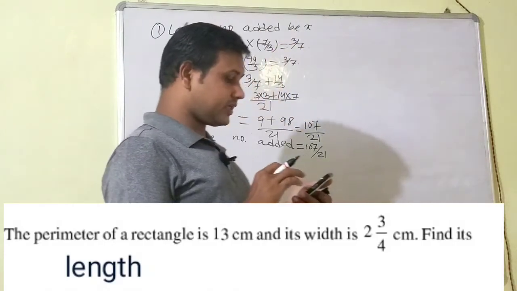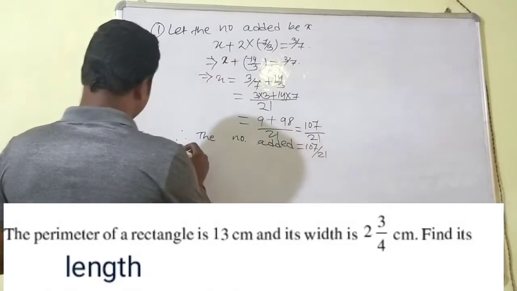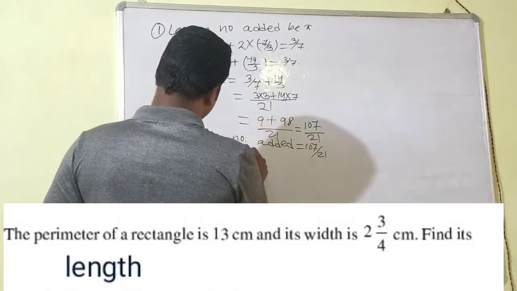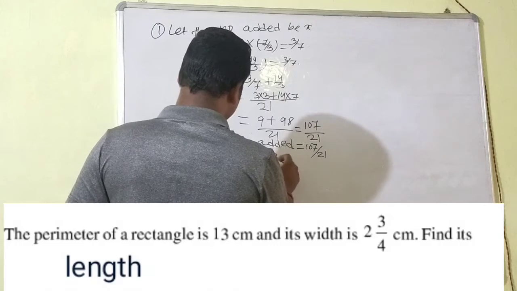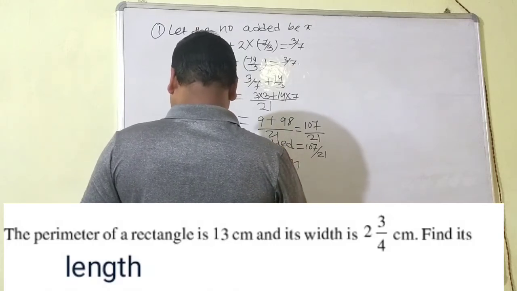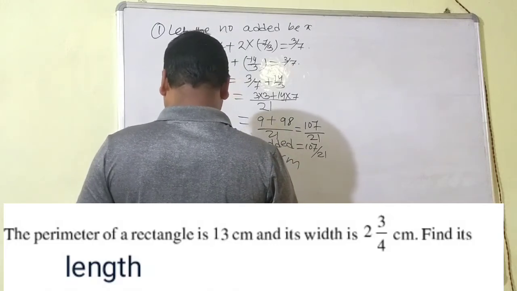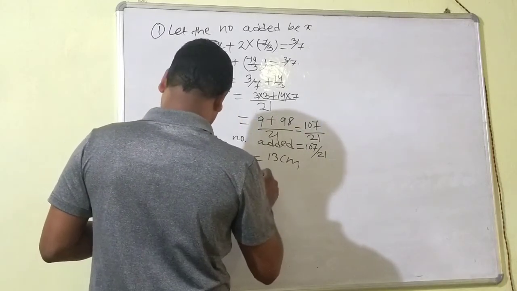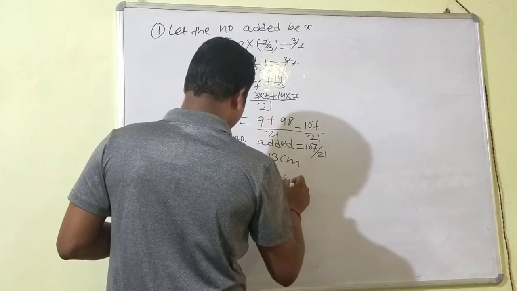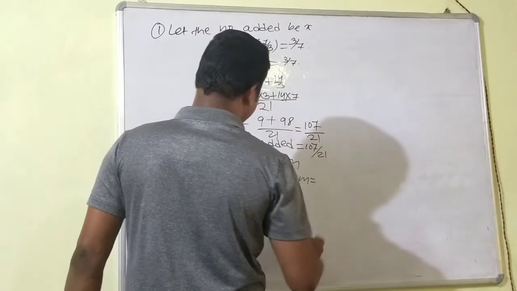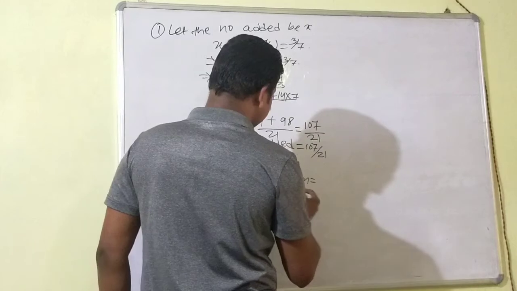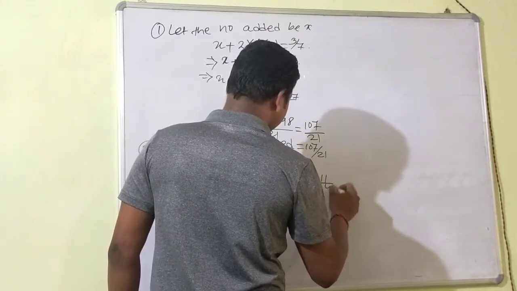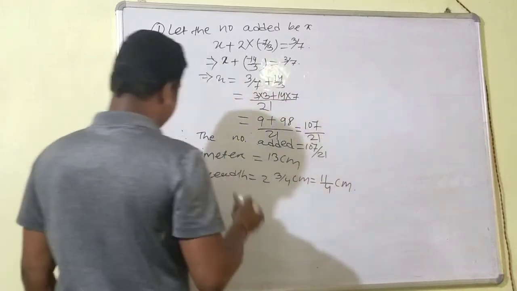The perimeter equals 13 centimeter and the breadth is 2 whole 3 by 4 centimeter, that can be converted into an improper fraction: 2 times 4 is 8, 8 plus 3, 11 by 4 centimeter.